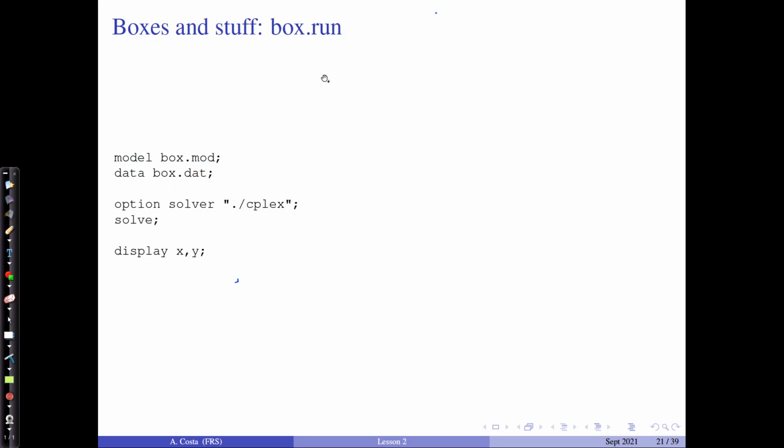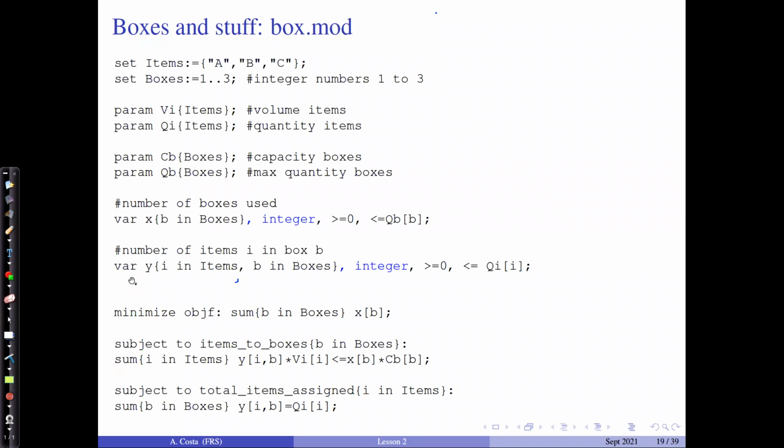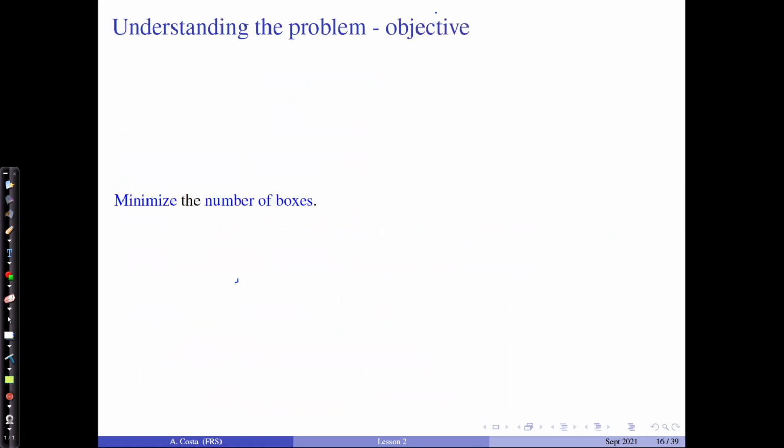Yeah, it's up to you how you want to define the set. I use A, B, C, and 1, 2, 3 to show you that you can use numbers or letters. It's up to you. Sometimes, when you are solving a problem, maybe you can even give names. Maybe you remember the diet problem.